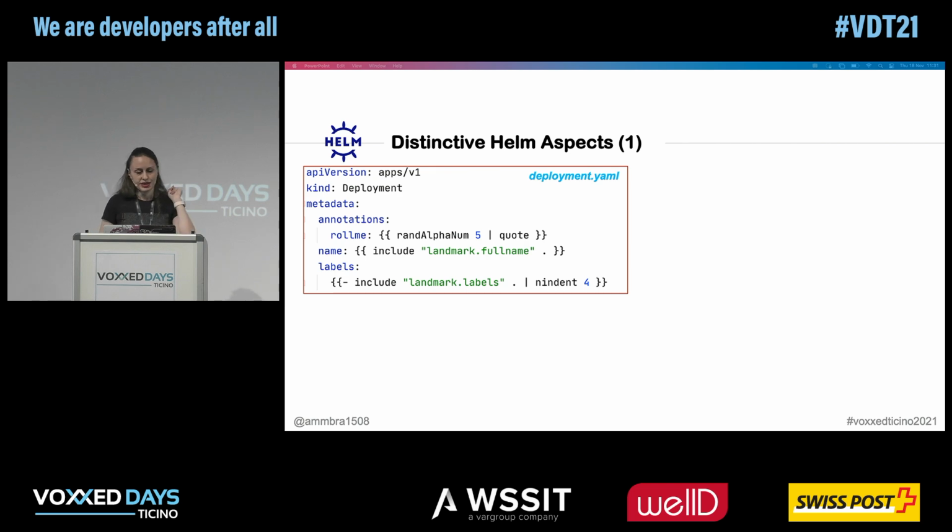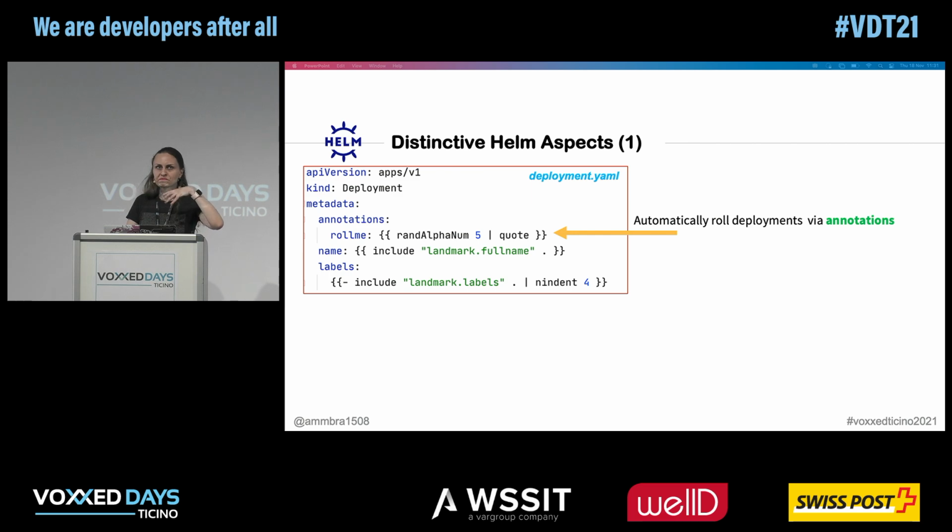A more distinctive Helm aspect is that you can automatically roll deployments via annotations. Why is this useful? For example, if a config map value is changing, typically in a deployment with Kubernetes, that is not going to automatically detect it for you. It's not going to do another deployment because some configuration changed there.